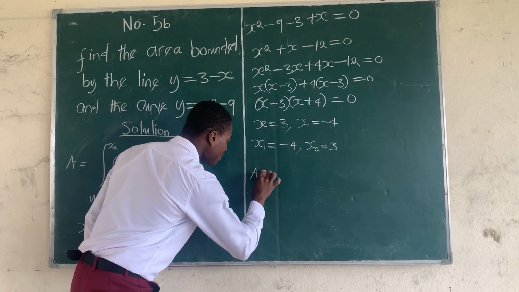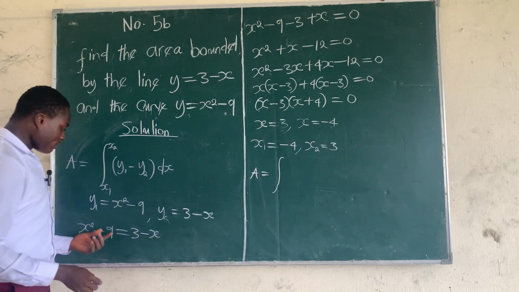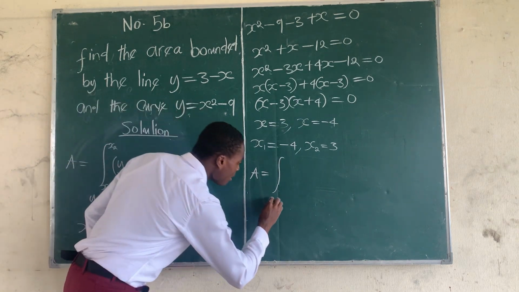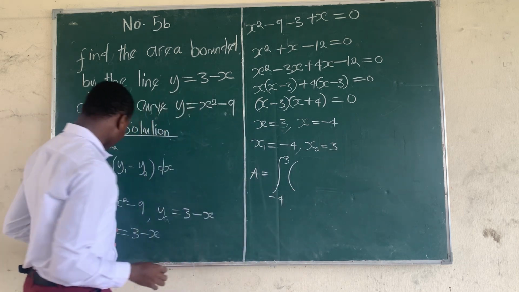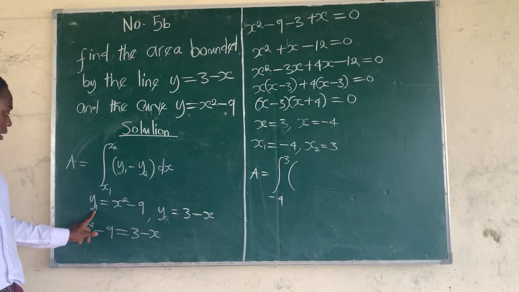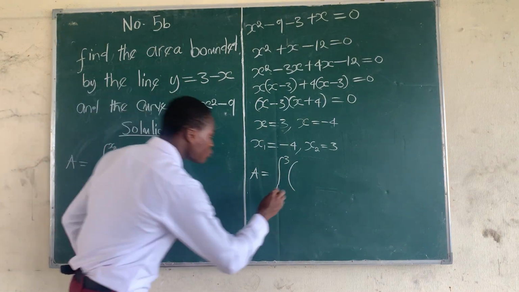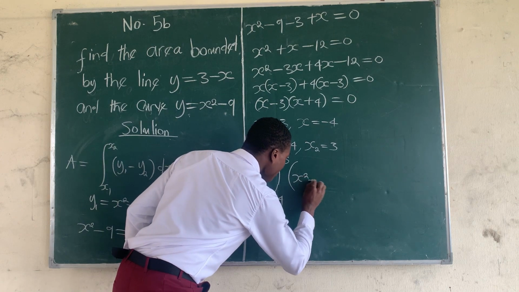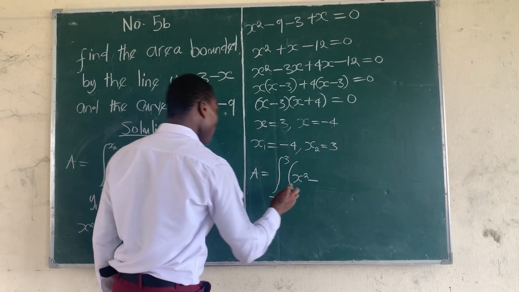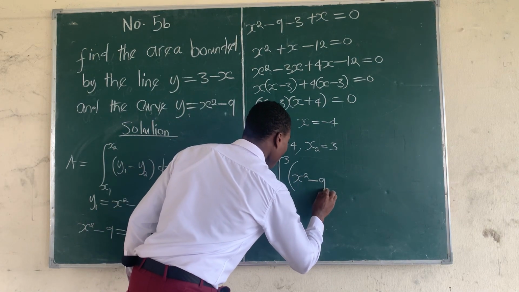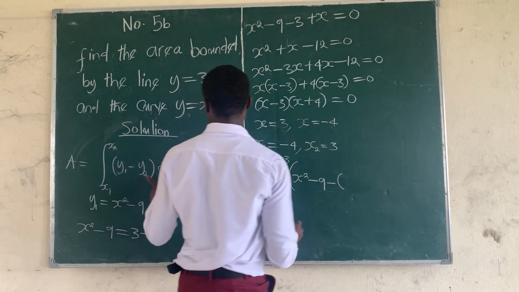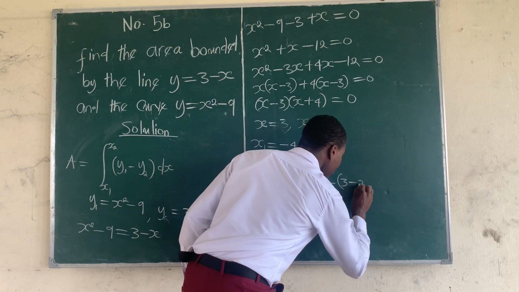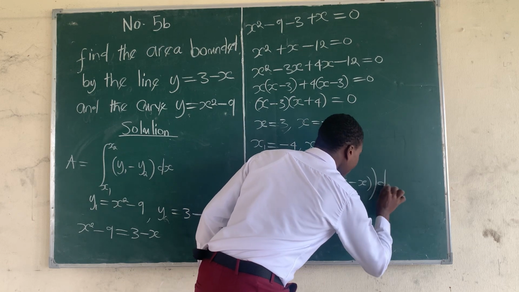So our area there becomes the integral going from x1, which is minus 4, to x2, which is 3, of y1 minus y2. So we have x squared minus 9, which is our y1, then minus y2. Our y2 is 3 minus x, dx.